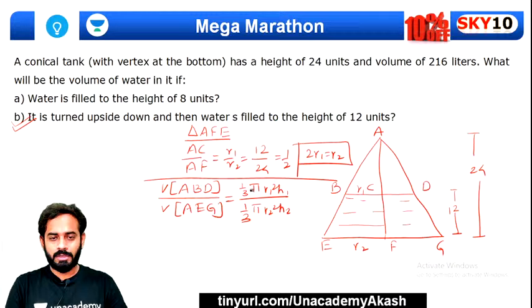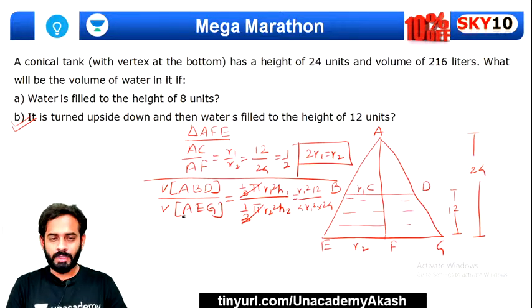Okay, this gets cancelled. Now instead of R1 square, R1 square H1 is 12. R2 square you can write as twice R1 square, that is 4 R1 square, and H2 is 24.